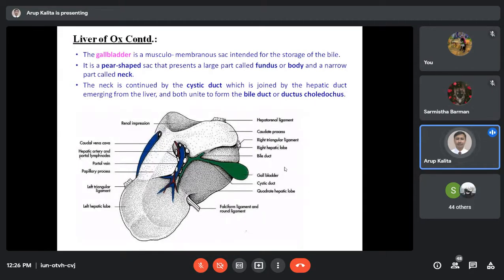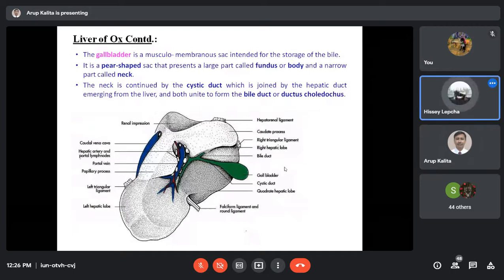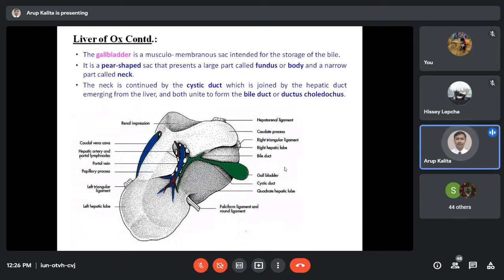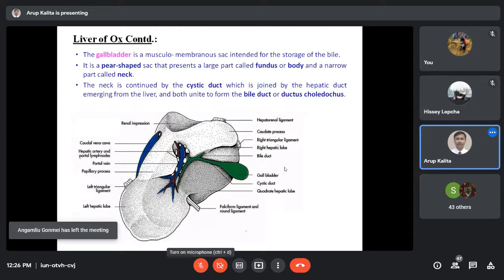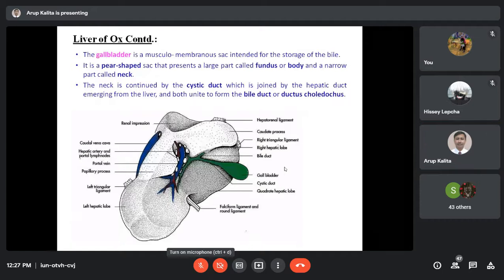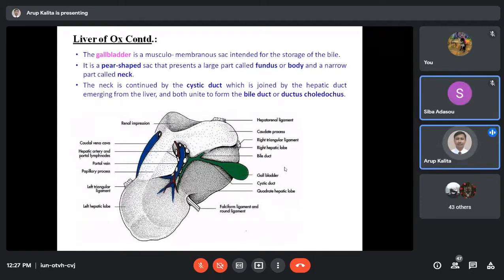Where will it open in the duodenum? Duodenum, how many parts? Three parts. What are those? Cranial part, descending part, and ascending part.